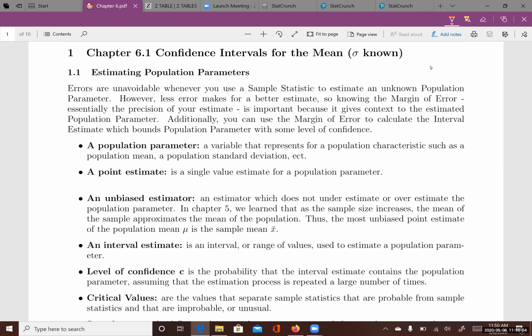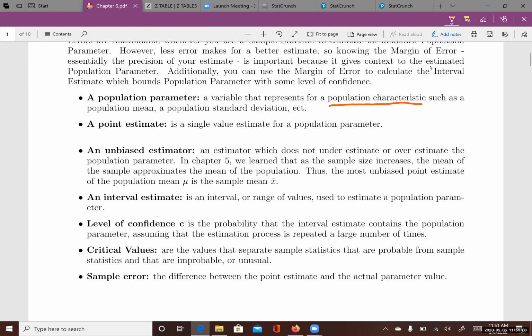So let's remind ourselves what a population parameter is. A population parameter is a variable that represents a population characteristic, such as a population mean or population standard deviation. And a point estimate is a single value estimate for a population parameter.